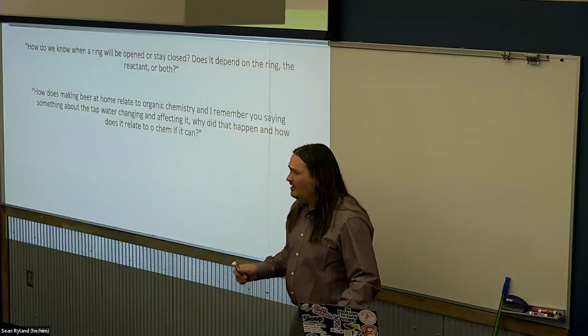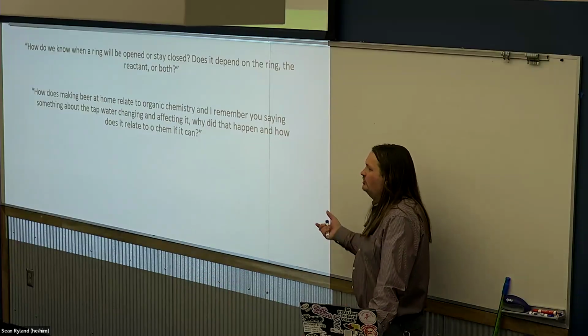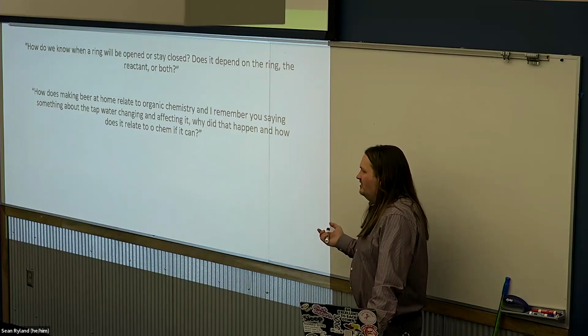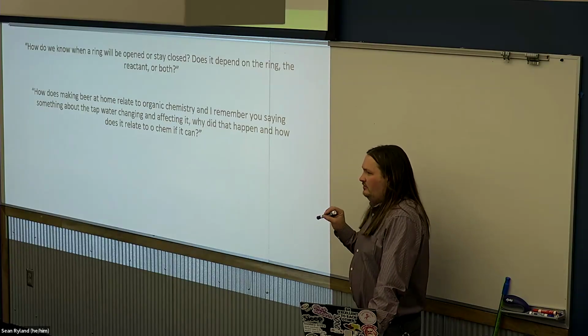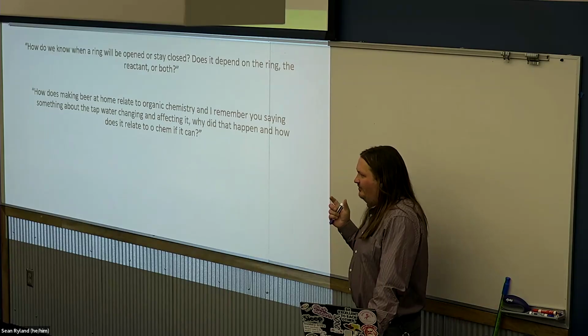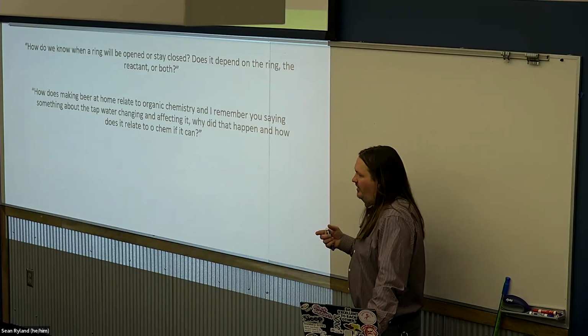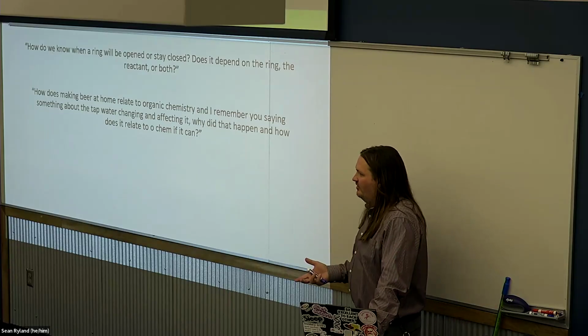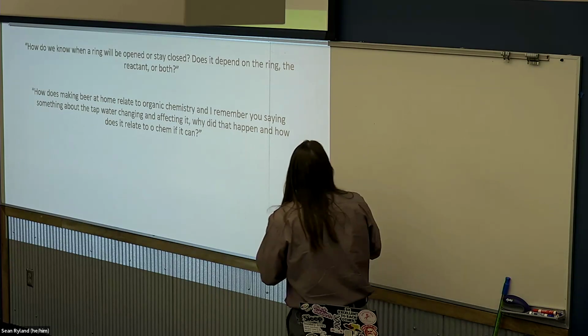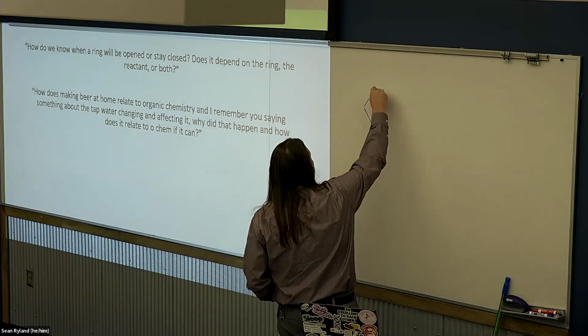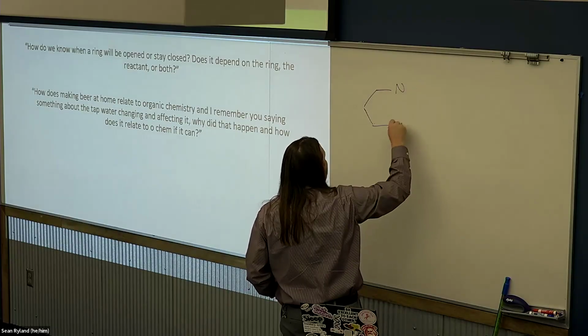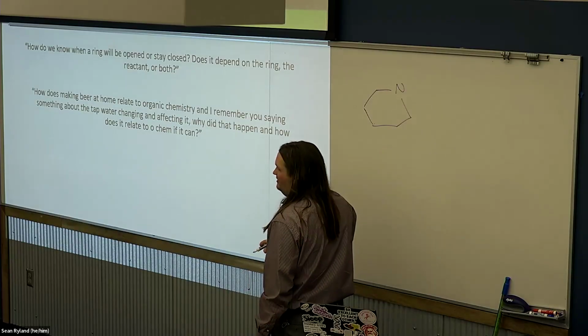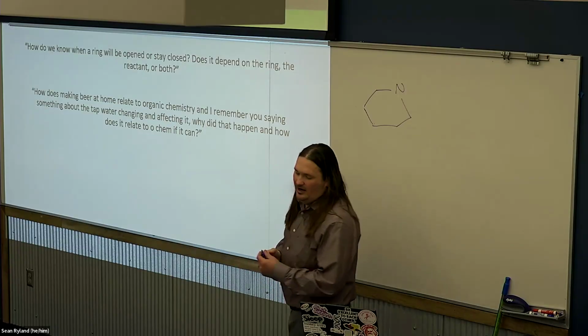Beyond that, it's more about what the functional group is. And usually the ring opening reactions will have something as part of the ring that's not a carbon, unless there's ozonolysis involved. Those are what we call heterocycles. Heterocyclic rings are anything where you've got something that's not a carbon as part of the ring.